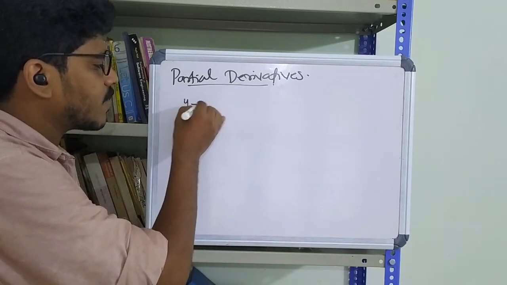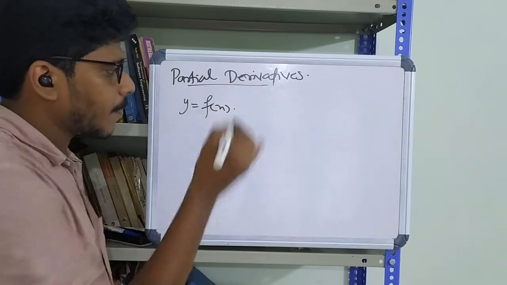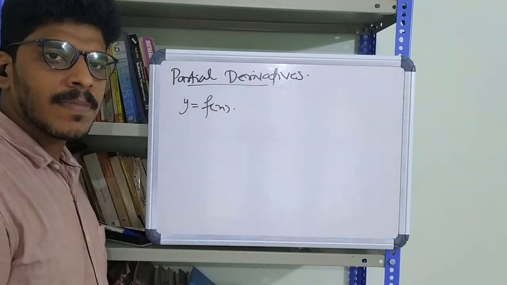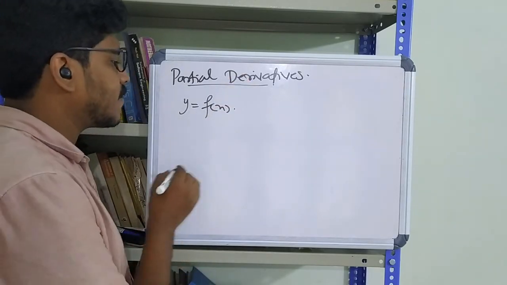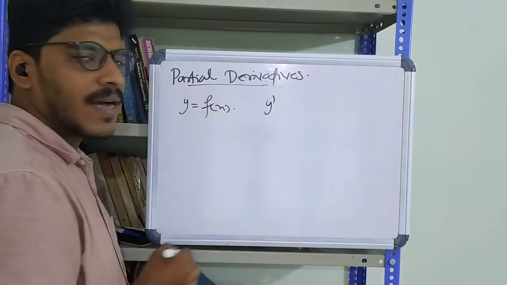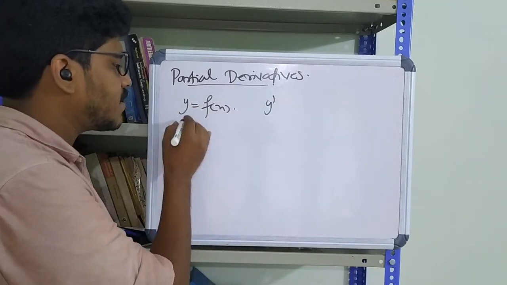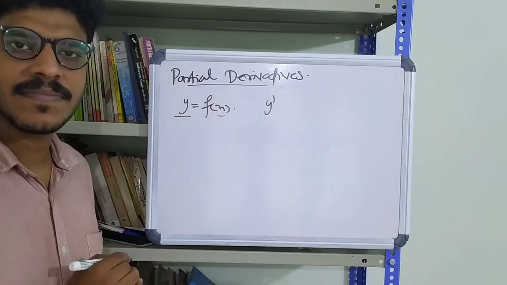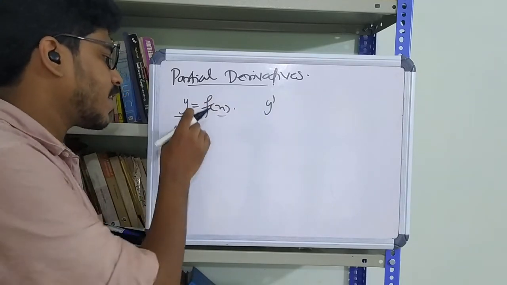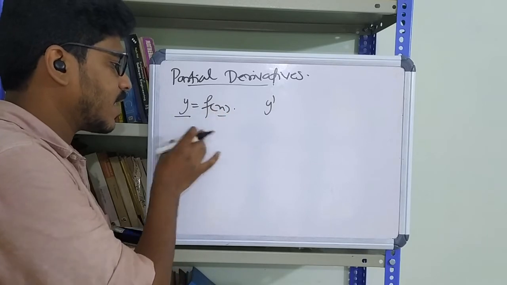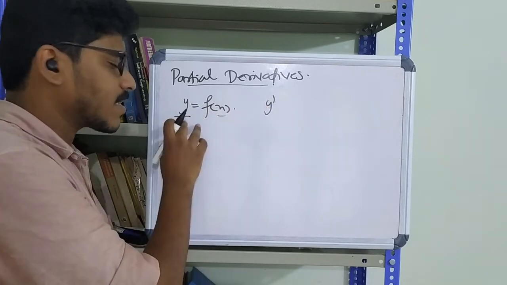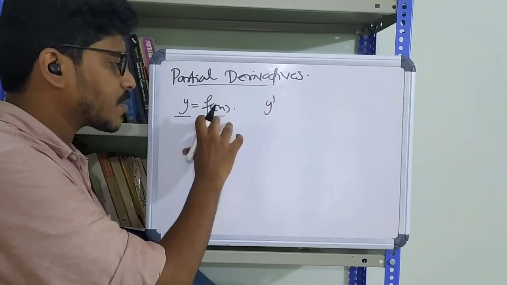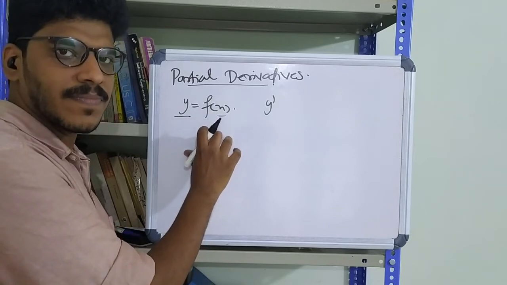Suppose we have a function y equal to f of x. We define the derivative y dash as the rate of change of y with respect to a change in x. Right? We defined y equal to f of x as a function and y dash as the rate of change of y with respect to a small change in x.